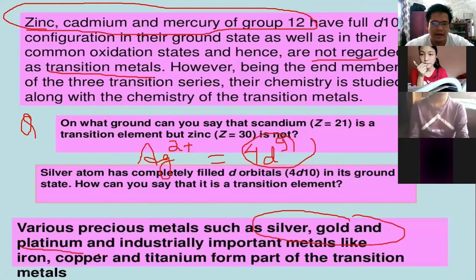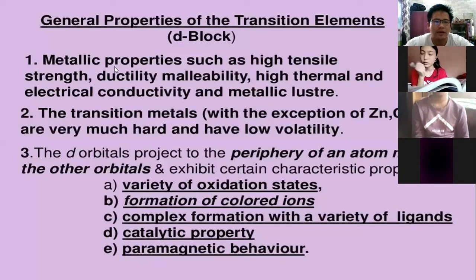Unlike other elements, precious metals such as silver, gold, and platinum are industrially important, and along with iron, copper, and titanium, they also form a part of the transition metals. We're going to see their chemistry later on, how they react with one another.